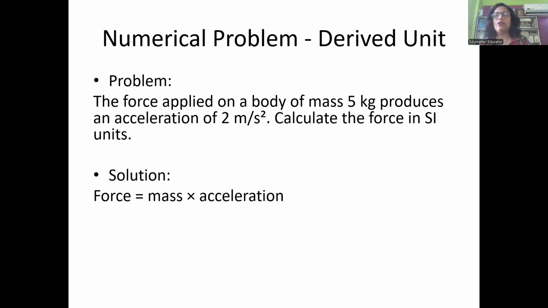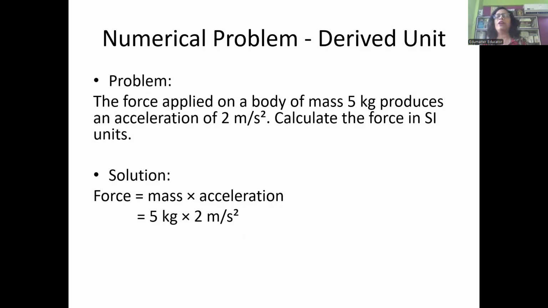So force is equal to mass times acceleration, as is known to us. Now the next step is to substitute the data in place of the quantities. So mass is 5 kg, so we are substituting 5 kg for mass and 2 meter per second square for acceleration. One important thing to consider here: if units are not in a consistent system, like if they are not in the SI system, we should bring all of them to the SI system, and for that we need to convert them.